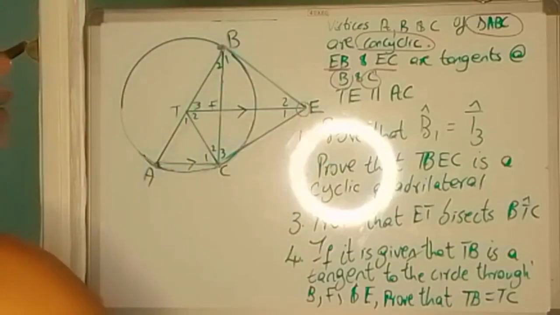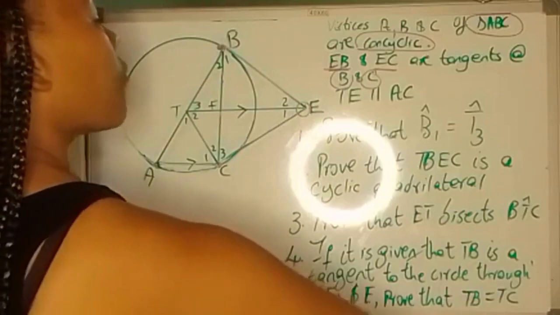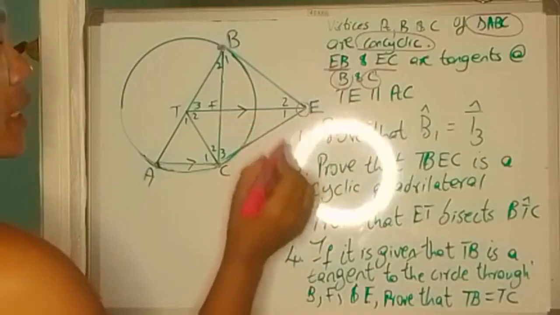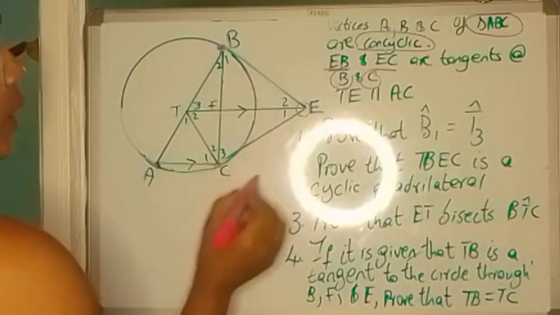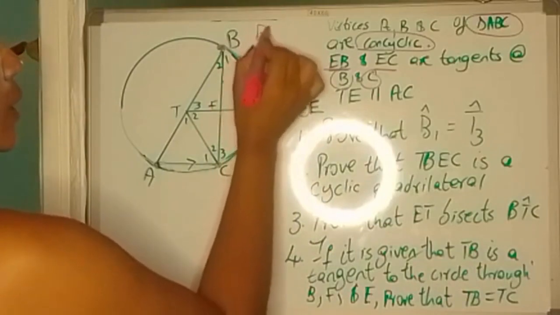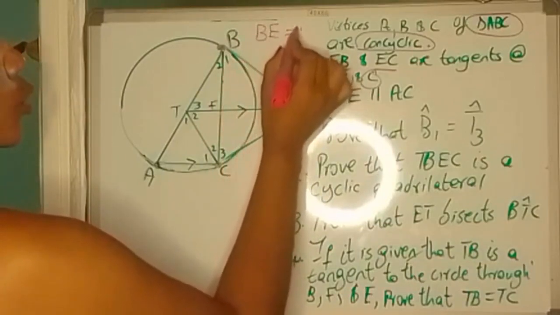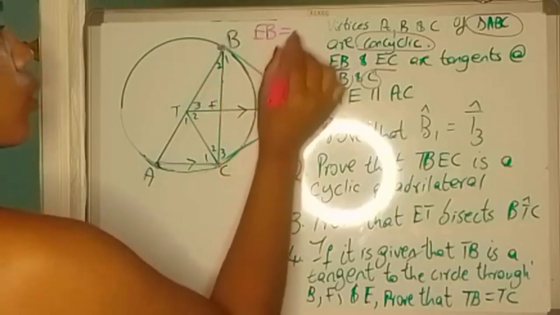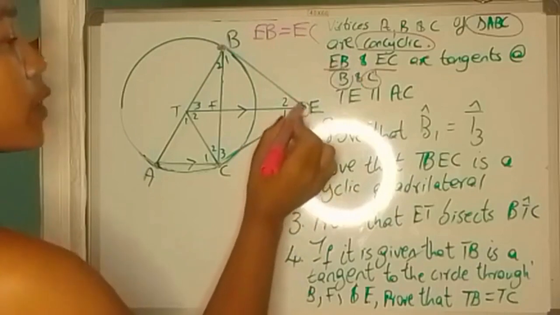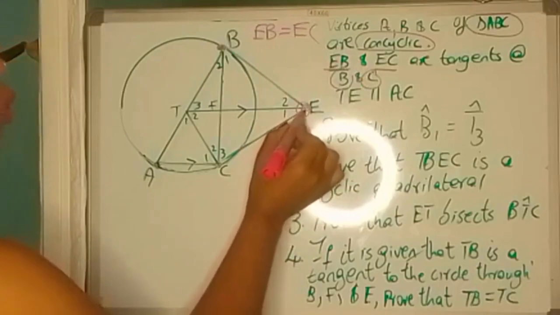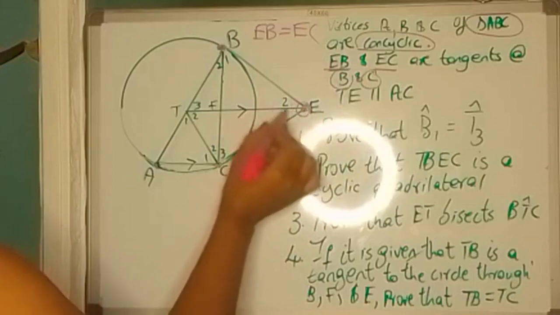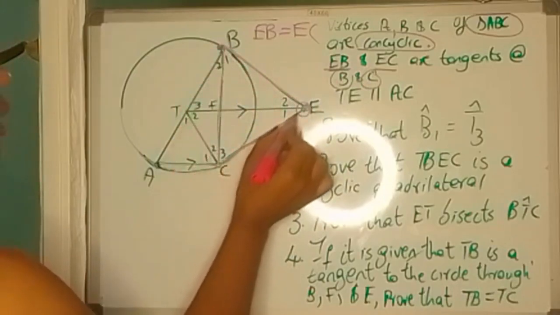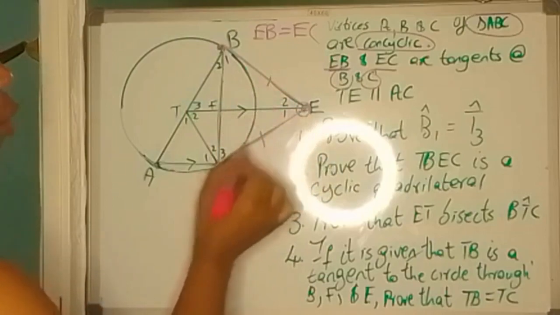These are two tangents, both of them are from point E. So those two tangents are equal. Because of that theorem, we know that EB is equal to EC, because they are two tangents drawn from the same point E. So that means triangle EBC is an isosceles triangle.